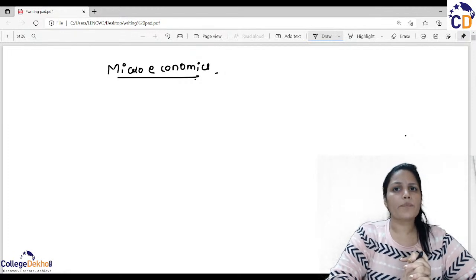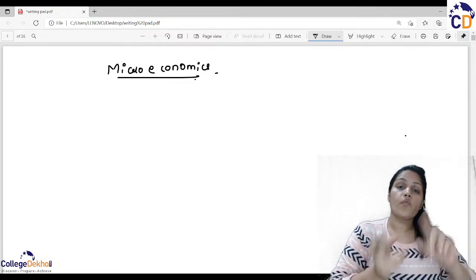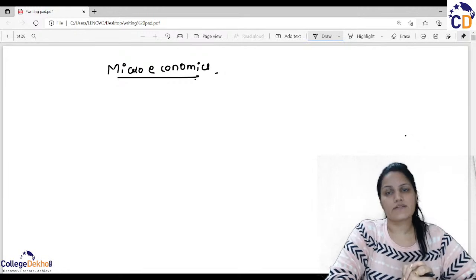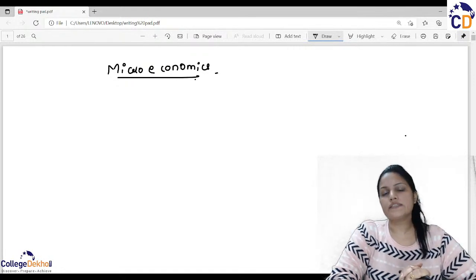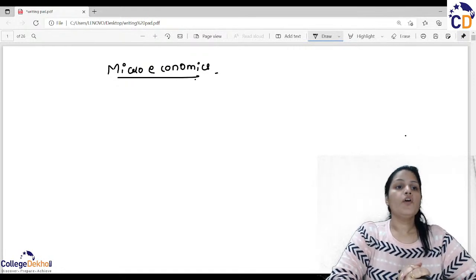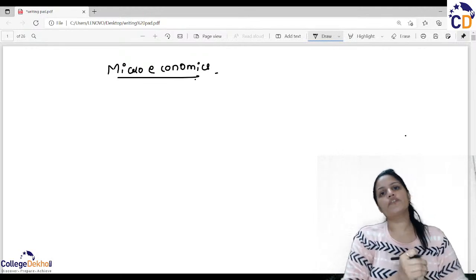Whatever the internal operations of an organization are, or were in the past, all of that comes under microeconomics. So under microeconomics, we have to understand the whole internal system.